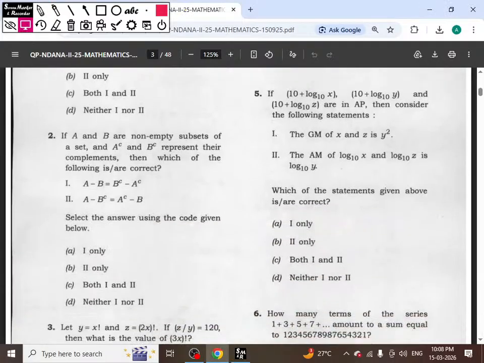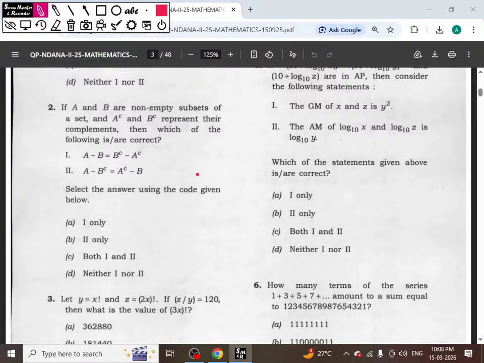So moving on to the next question. Here we have been given A and B are two non-empty subsets of set U, and A complement and B complement represent their complements. Which of the following is correct? A minus B equals B complement minus A complement. Let us suppose A minus B, and we can also write it as U minus B minus U minus A, universal set minus A set.